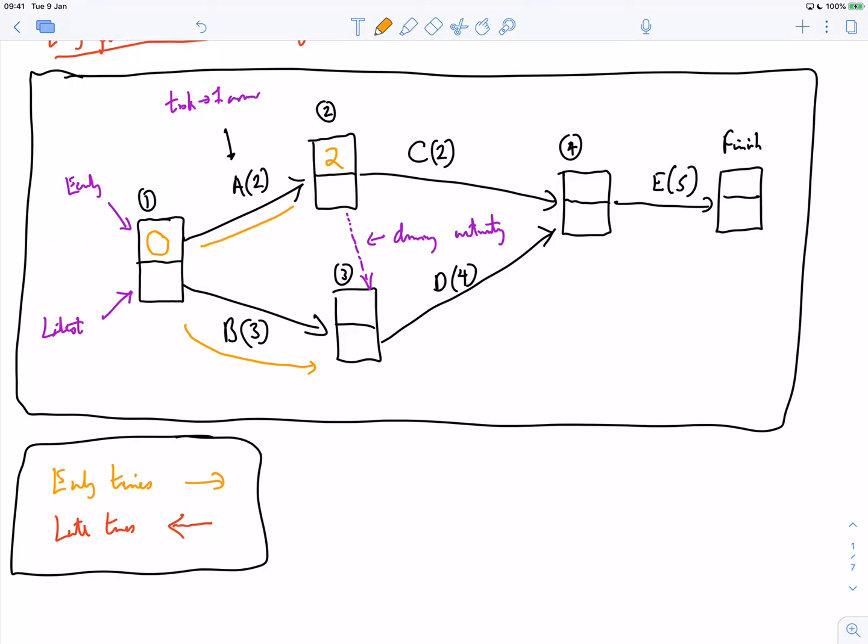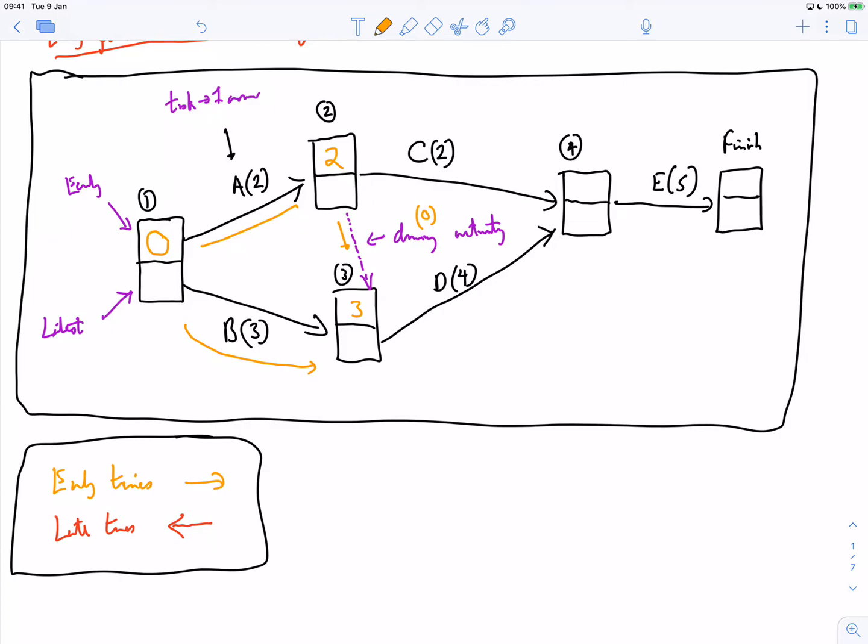I could get there from A and then a dummy activity which has 0 weight, so you'd think the earliest I could be there is 2. But think about it, to be at that stage 3, I must have completed A and B. So 2 days later, I've completed A, but I'm still 1 day away from finishing B. So actually the earliest I can get to this stage is 3, and that is completing B.